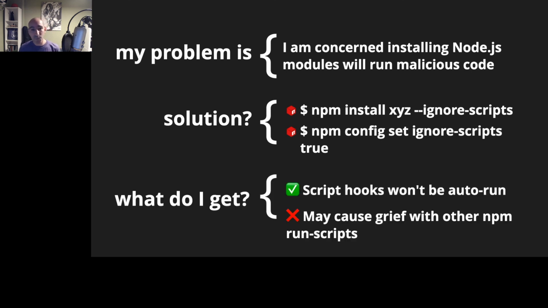When you do that, it tells npm not to run any of those pre and post-install hooks, which may end up running commands arbitrarily that were specified by that package, which as we said before, could be of malicious origins. But it may cause a bit of grief with other npm run scripts. So don't set that as a config setting to begin with, like I said, and see how that works.